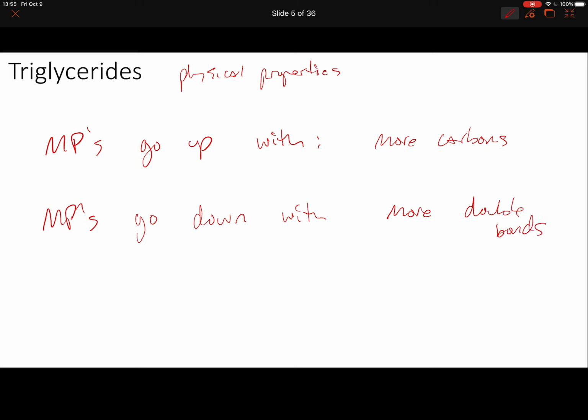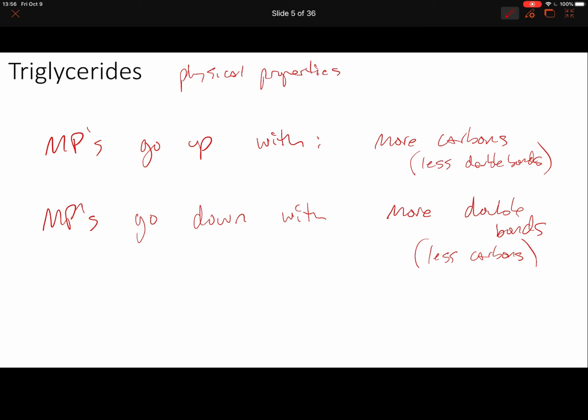So more and more carbons makes melting points go up, and I guess we could say less double bonds. And more double bonds will make melting points go down, and the other thing I guess will be less carbons, if you wanted to be able to study these both ways.